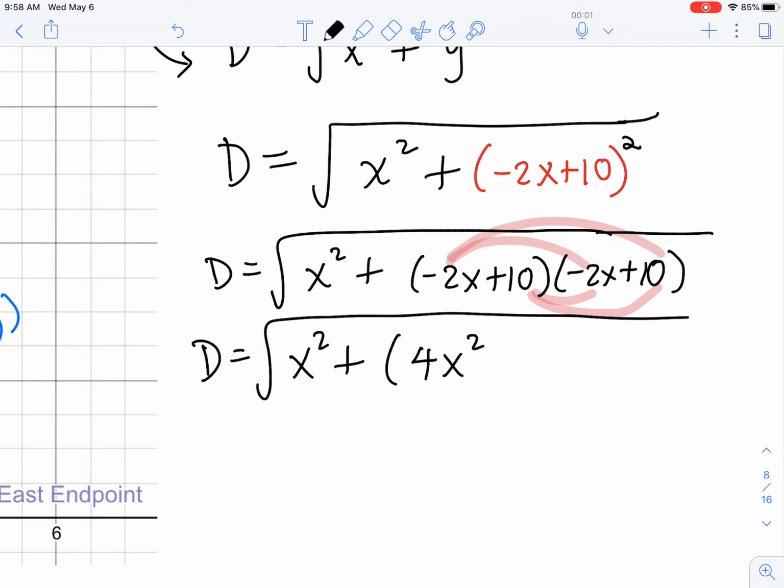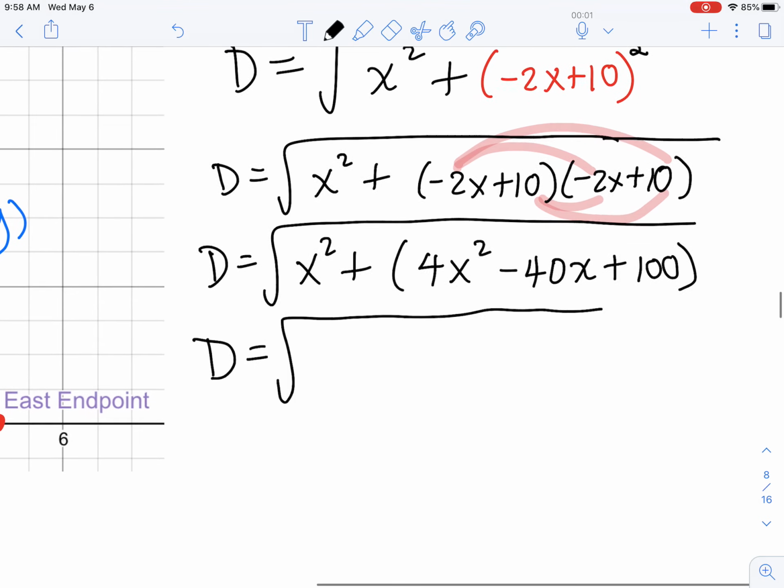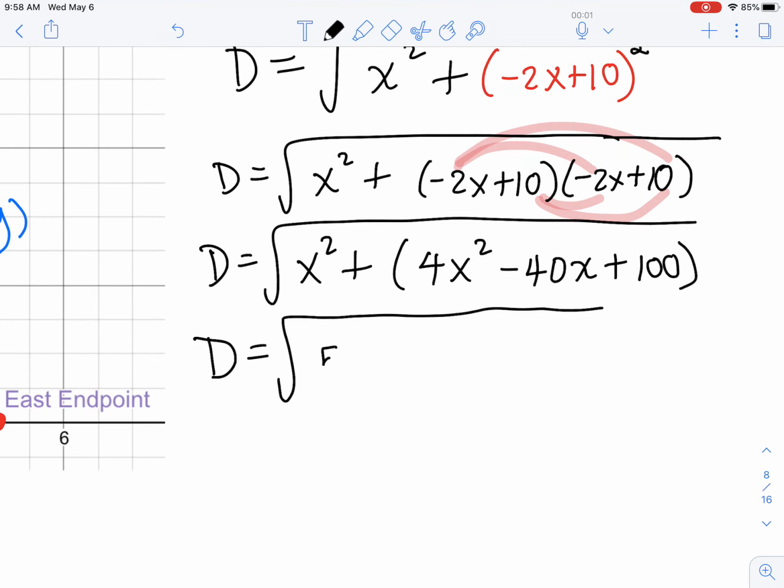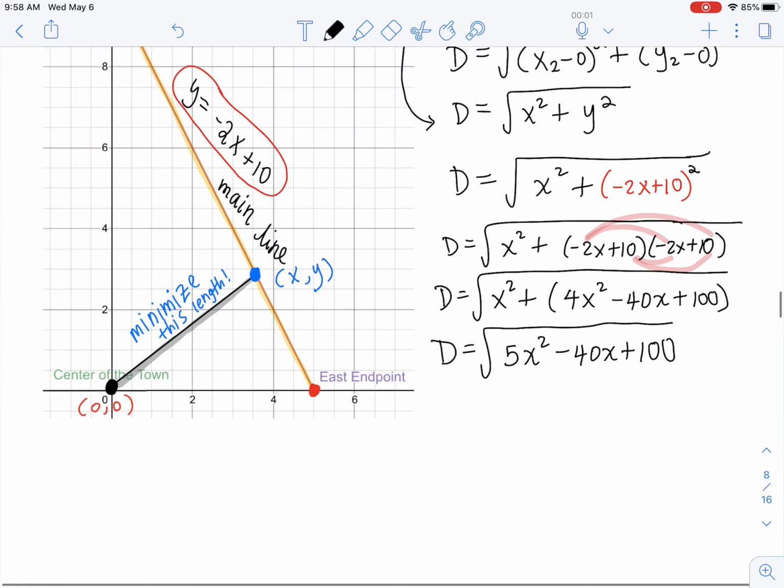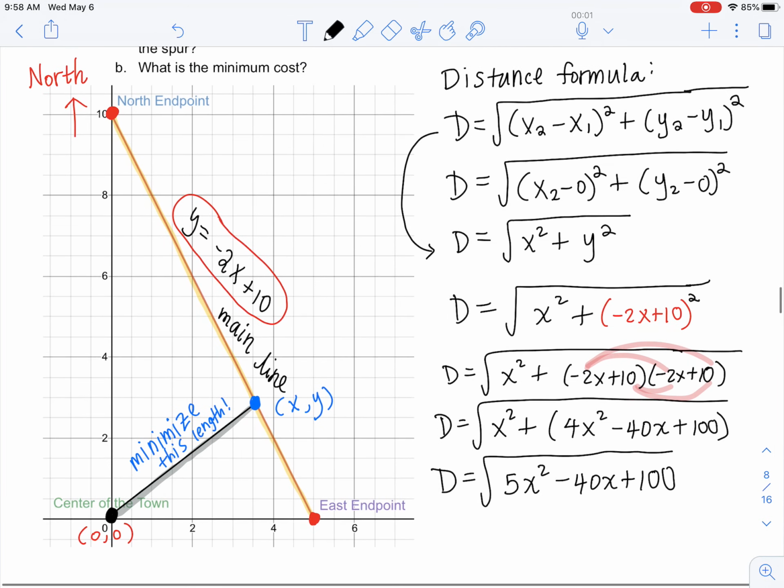And then the middle terms will be negative 20x and another negative 20x, so I will get minus 40x. And then lastly, 10 times 10 will give me 100. So if I simplify that distance formula, I can combine like terms and get 5x squared minus 40x plus 100.